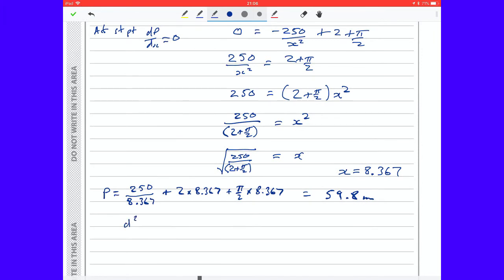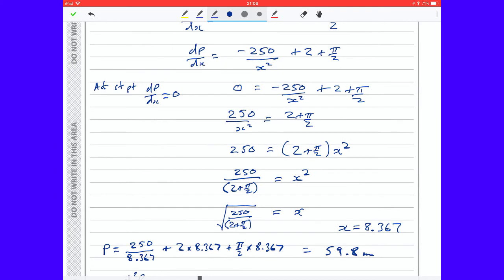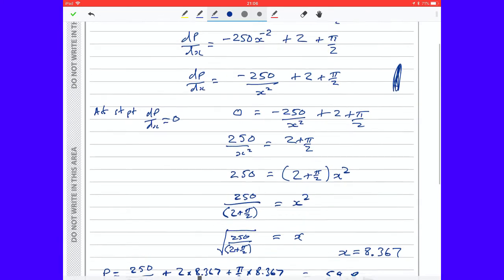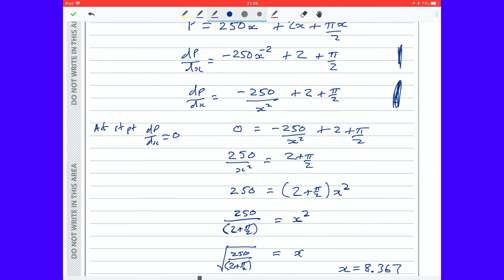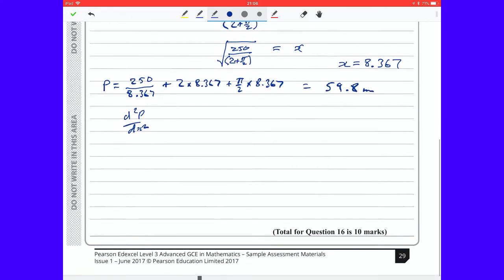If we look at d2P by dx squared, let's go back to dP by dx, which is this expression here. Let's go to the one above, which would be easier to differentiate again. If I differentiate that, I get minus 2 times minus 250 x to the minus 3.